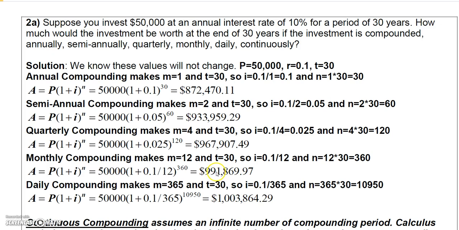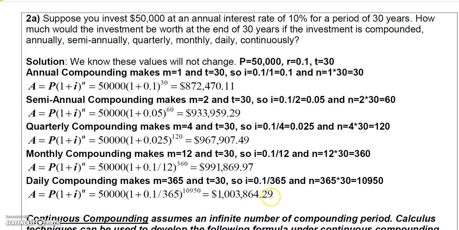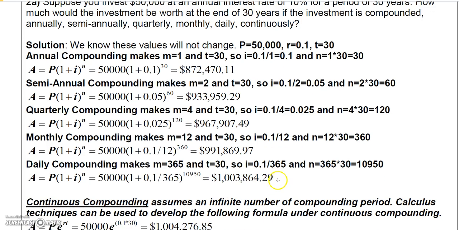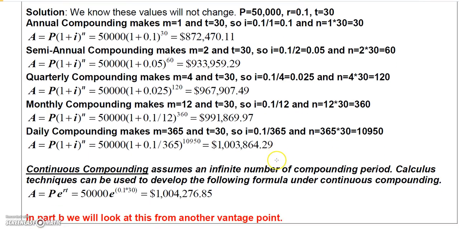Now, notice that the increase is not significant compared to the other increases. So it seems to me that as I increase the number of compounding periods, the return on my money increases, but it seems to slow down as I add more and more compounding periods.